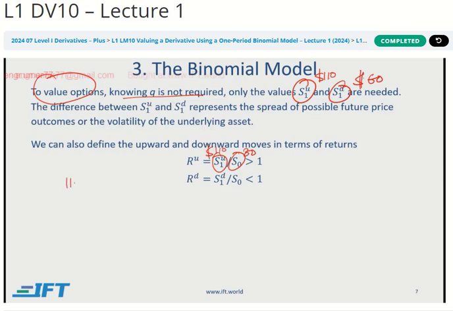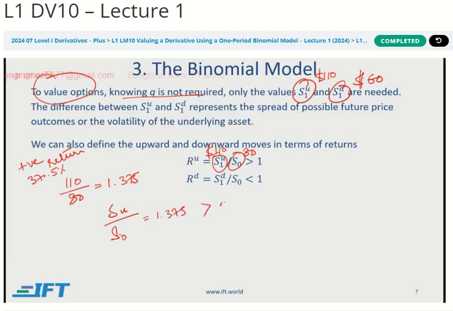So 110 divided by 80 is 1.375, which means there will be a positive return of approximately 37%.